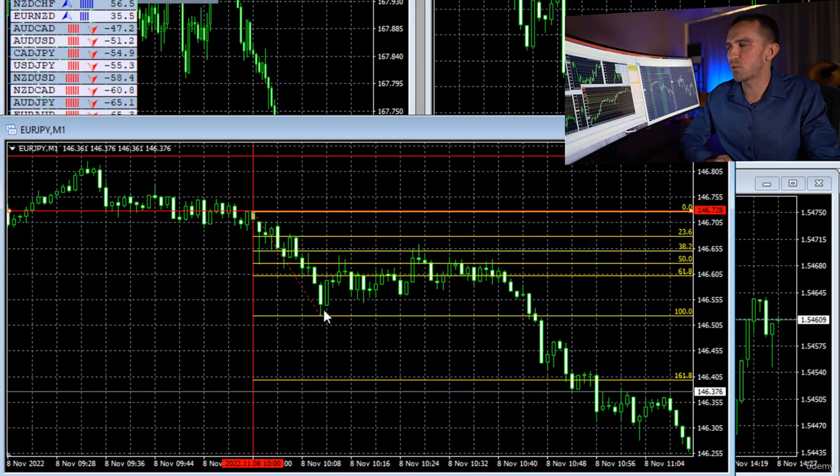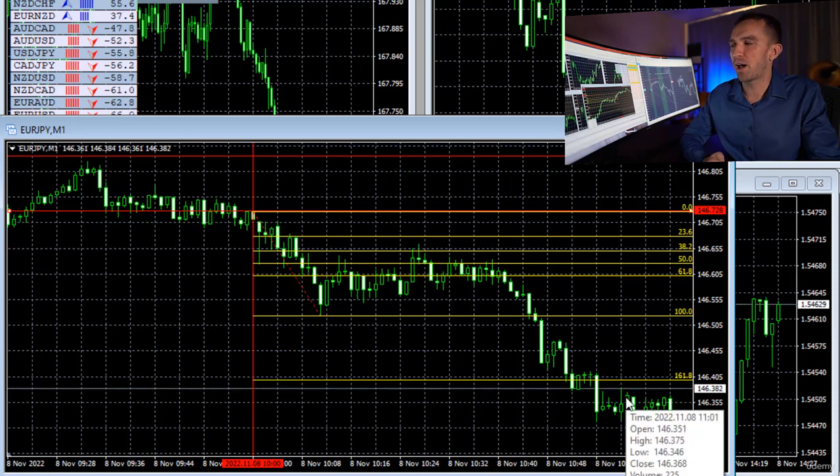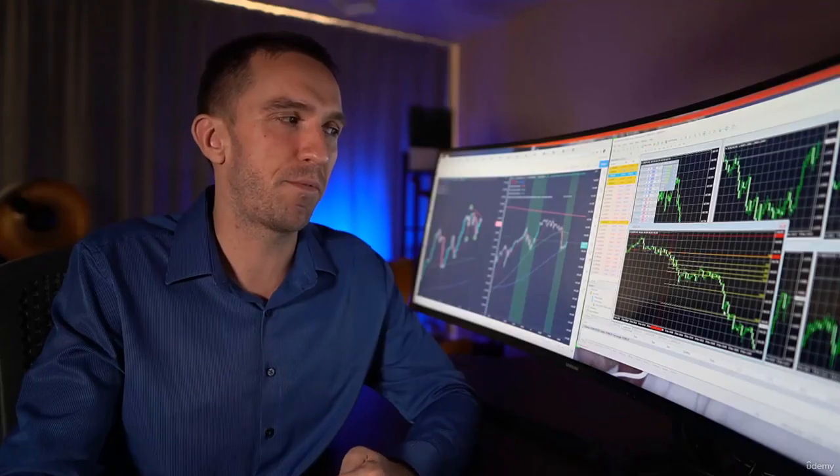If I miss it one more time, then I would put pending orders at these levels, like sell limit orders. So if the price retraces to these levels, I would sell it and then I would be looking for the profits if the price goes in my favor.